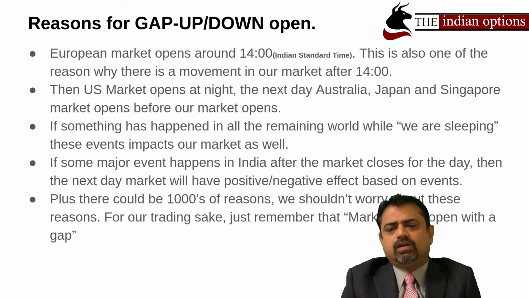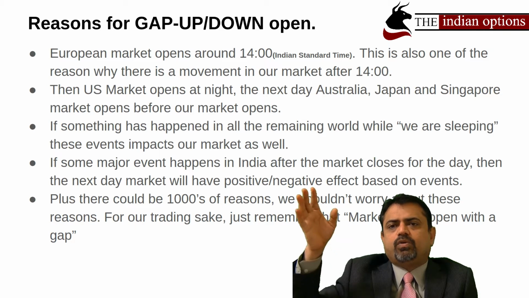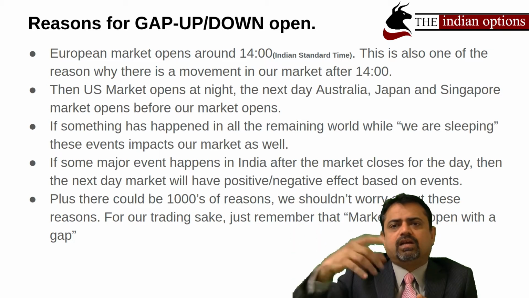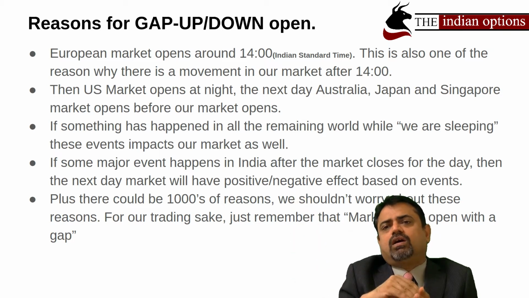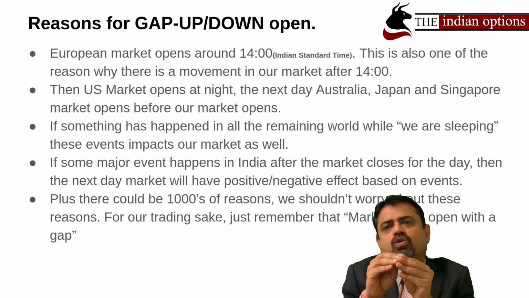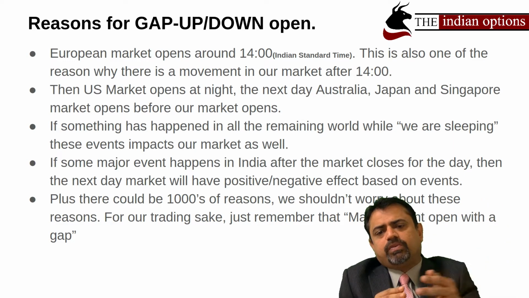Say for example, at 2 o'clock in India the European markets open. When the European market opens, and if there is something happening there, it starts affecting our market as well. So from 2 o'clock till 3:30, that is 1.5 hours, our market is a little bit volatile, and it has some impact because of the European market.